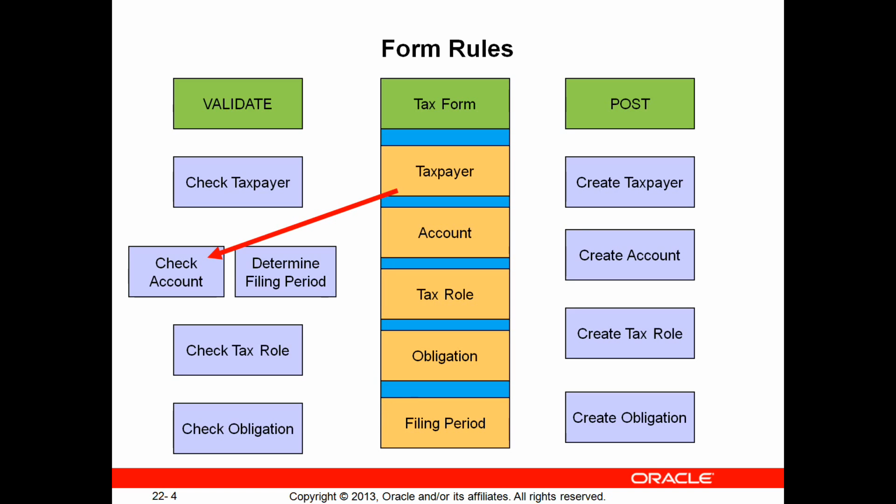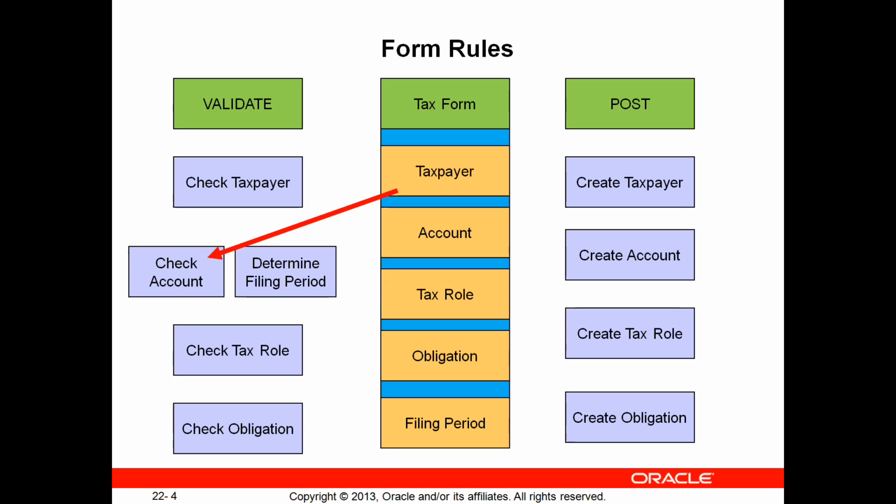Now, the check account form rule, first of all, will check to see whether there is an existing taxpayer on the form, which in fact the check taxpayer was responsible to deal with. And now, if it finds a taxpayer, then it can continue to do a check to see whether there is actually an account.